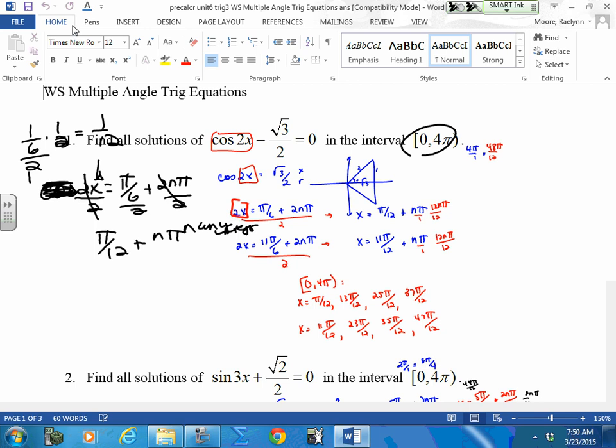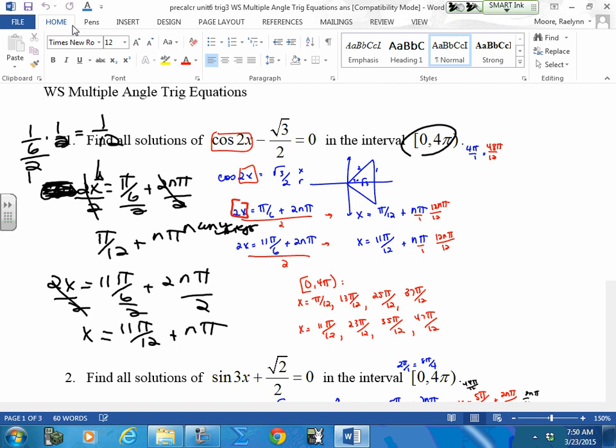So let's work the other part. 2x is equal to 11 pi over 6 plus 2n pi, because we had two angles, right? First quadrant, fourth quadrant. Divide by 2. X is now 11 pi over 12 plus n pi. Good so far? All solutions. Now I need to go from 0 to 4 pi.